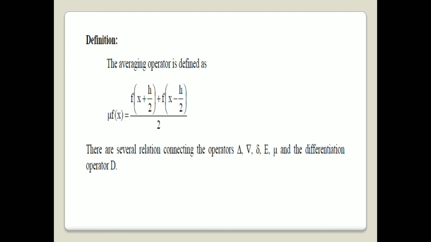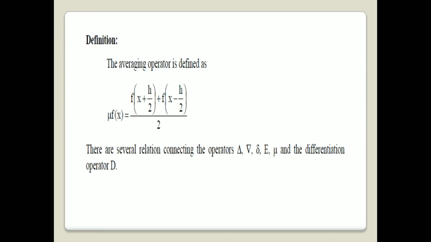There are several relations connecting the operators delta, nabla, small delta, capital E and mu, and the differentiation operator D. Out of these, in the first part we already explained the first three operators, that is the forward, backward and central operators.